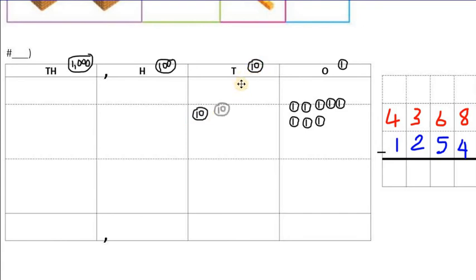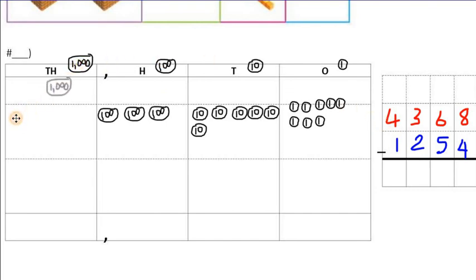So 10, 20, 30, 40, 50, 60, 300, 100, 200, 300, and 4,000. 1, 2, 3, 4. So we have the whole number now.